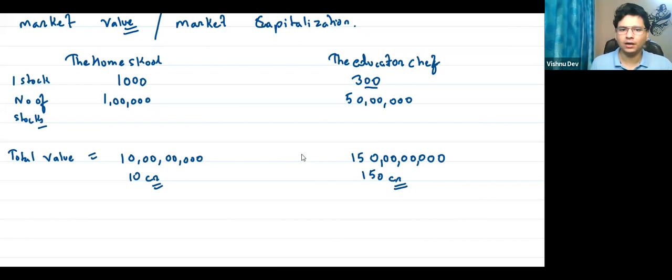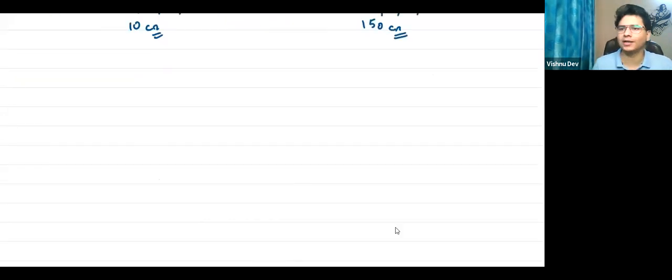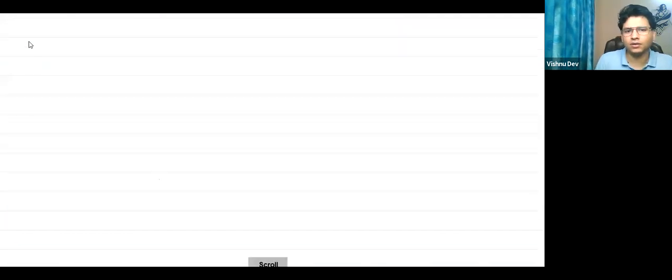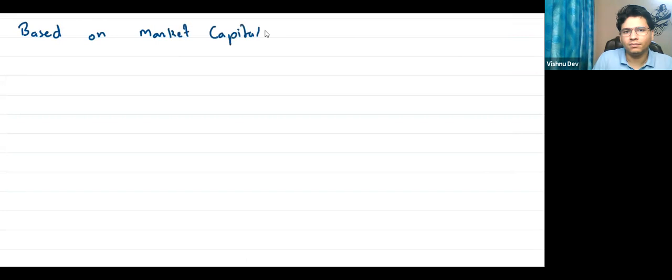Now, depending on market capitalization, depending on market value, all the companies are basically divided into three types. Based on market capitalization, the companies would be of three types.